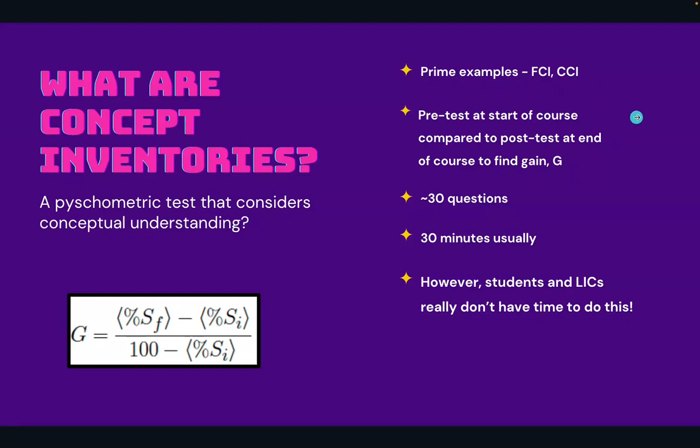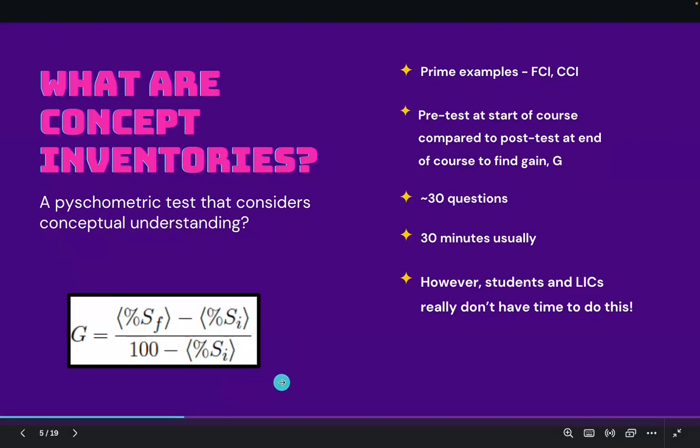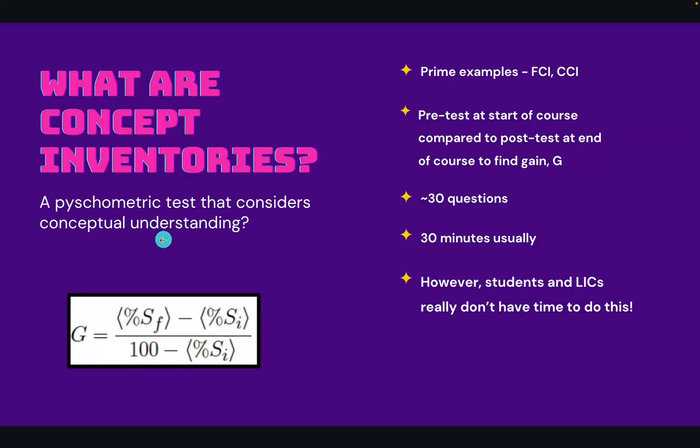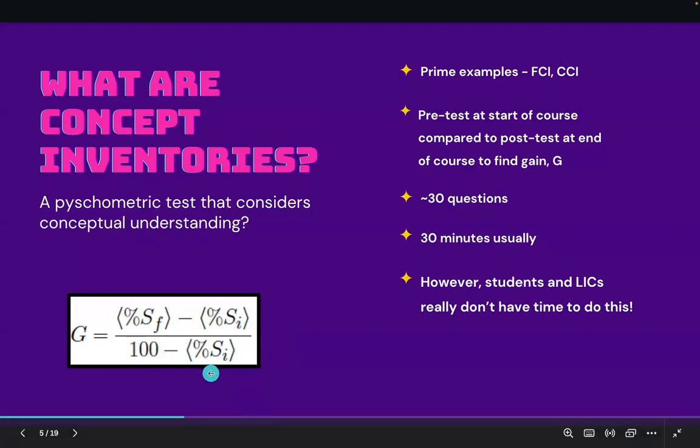You would sit the pre-test at the start of the course, which is then compared to the post-test at the end of the course to find the gain G. This is due to the formula by Hake, where literally we look at the average score of a cohort for their final score relative to the initial score and normalized by 100 minus the initial score.